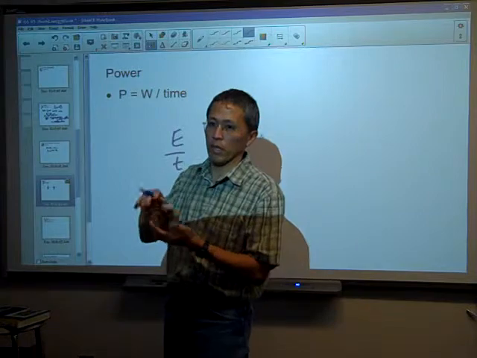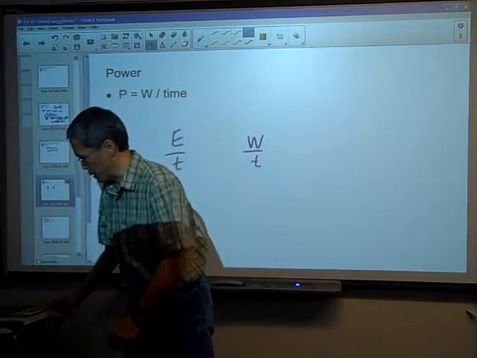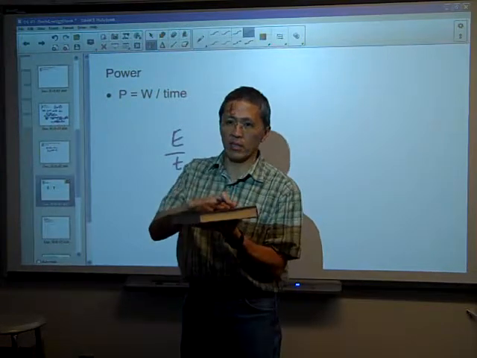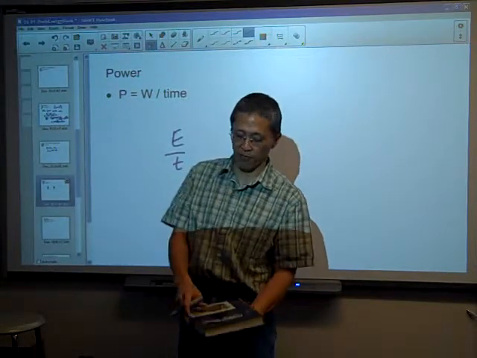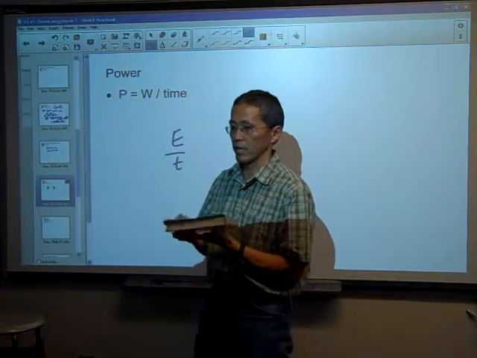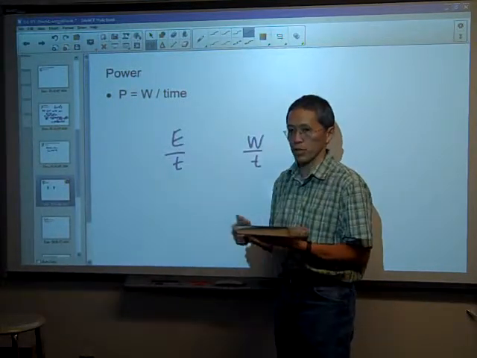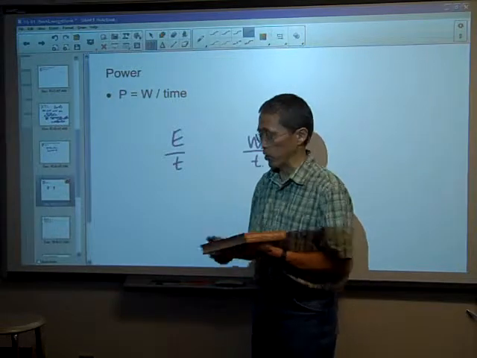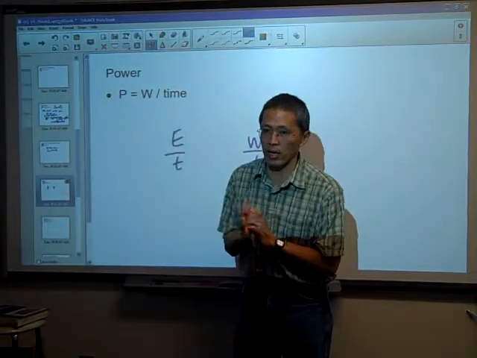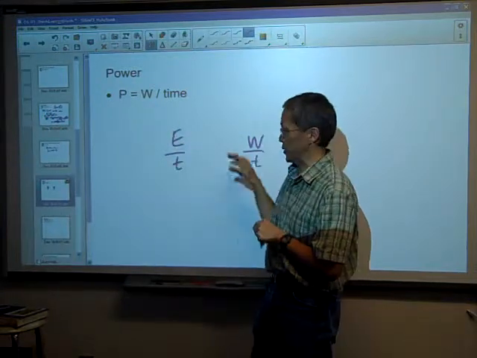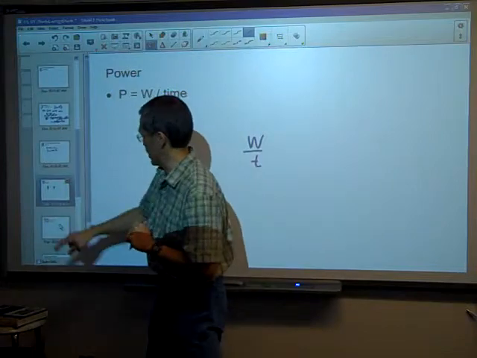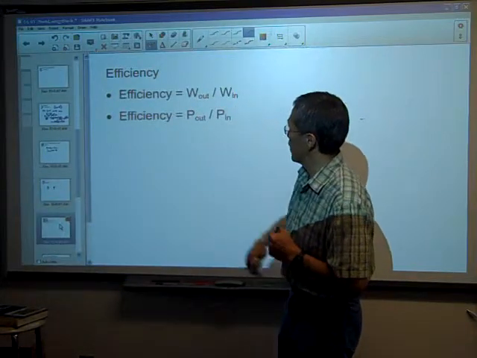If I can raise this book faster, that gives me more power than if I raise it slowly. That's less power. So power is just how much energy you use per time. We'll use that not very often, but we'll use it later on. Again, this is something you want to keep in your back pocket a little bit, and then we'll use it later.